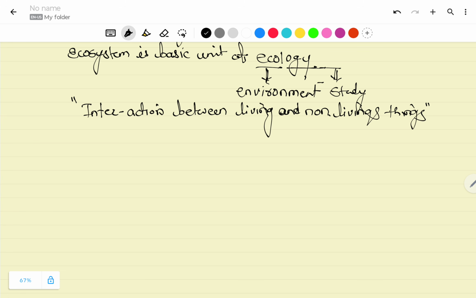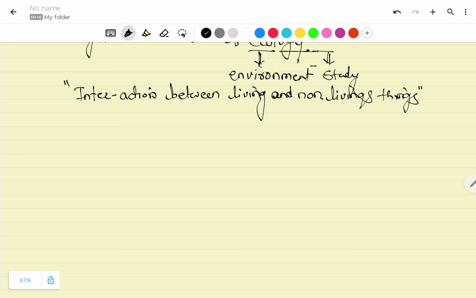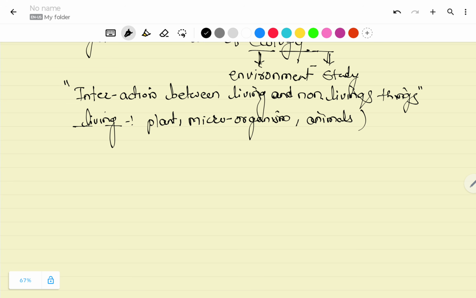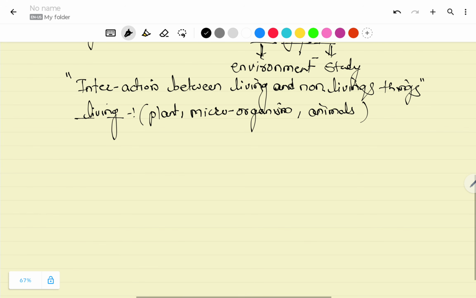Now the ecosystem generally consists of living things and non-living things. Which are the living things in the ecosystem? First is plant, second microorganism, and the third is animal. This is the living component of the ecosystem.